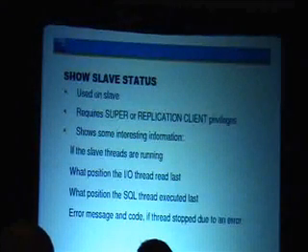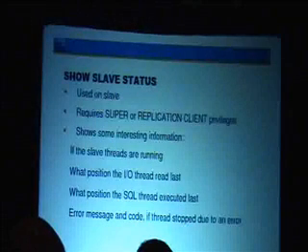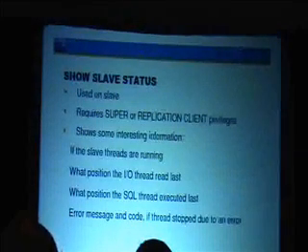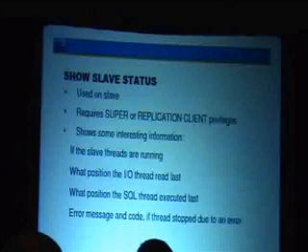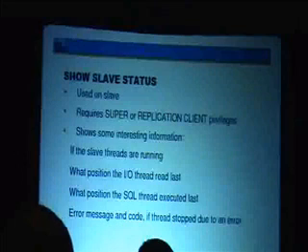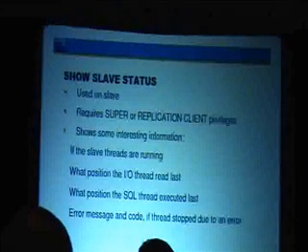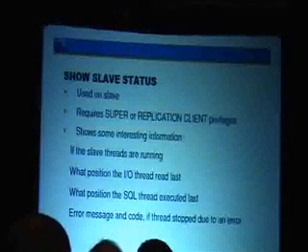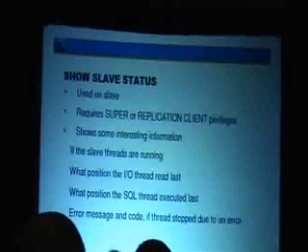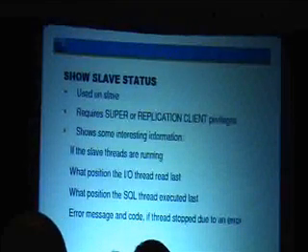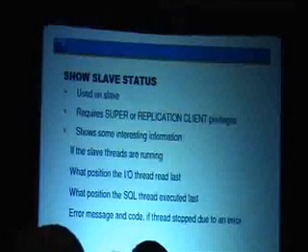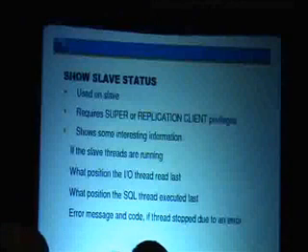Show slave status is to get the information about the slave, and normally the slave has most of the information about replication. It shows, for instance, what slave threads are running. Of the slave threads, you have one thread which is getting the information from the master, and that's called the IO thread. So the IO thread is the one connected to the master.